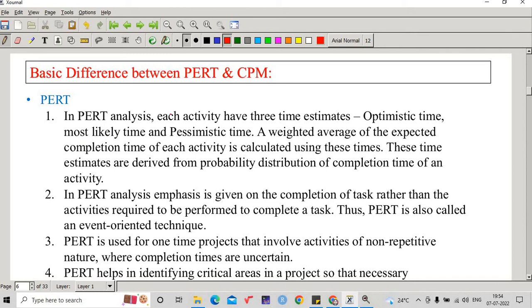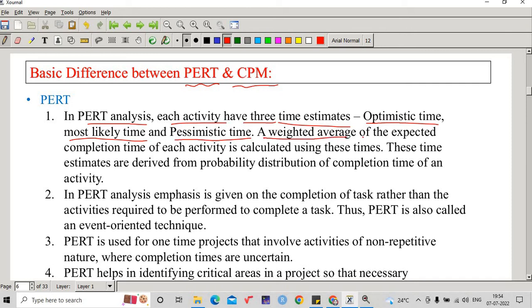What is the basic difference between PERT and CPM? Let us try to understand. In PERT analysis, each activity has 3 time estimates. Number 1, optimistic time, number 2, most likely time, and number 3, pessimistic time.